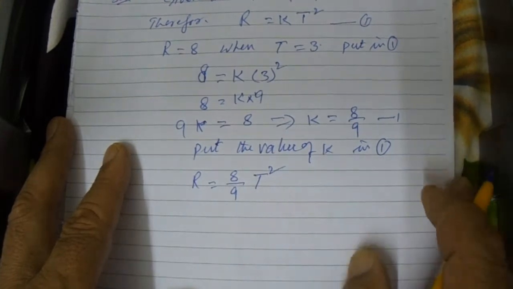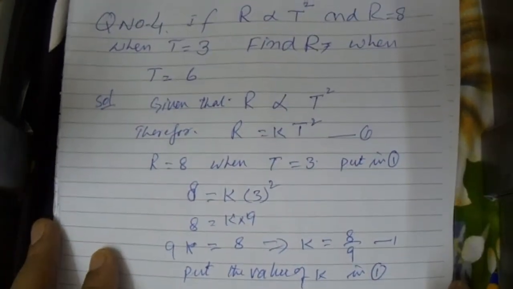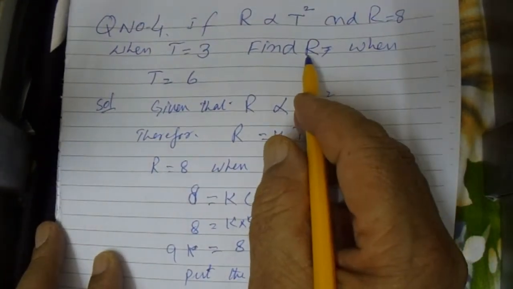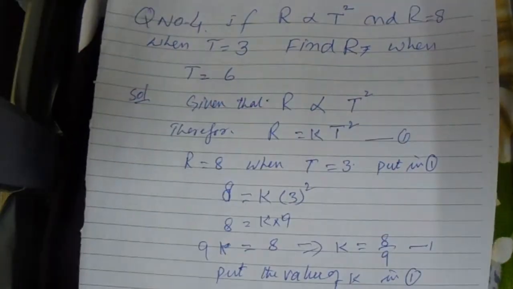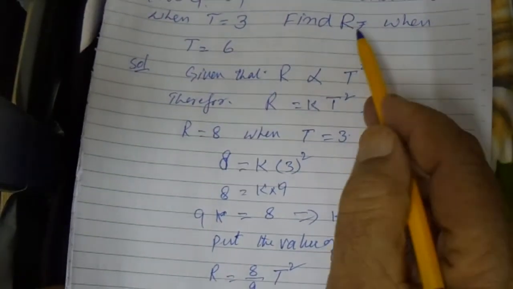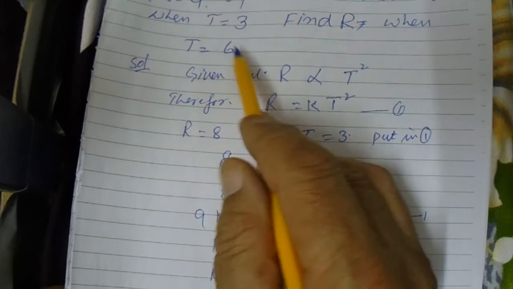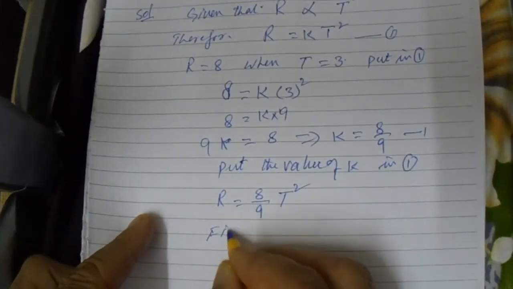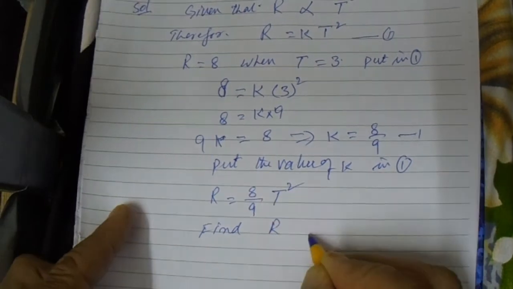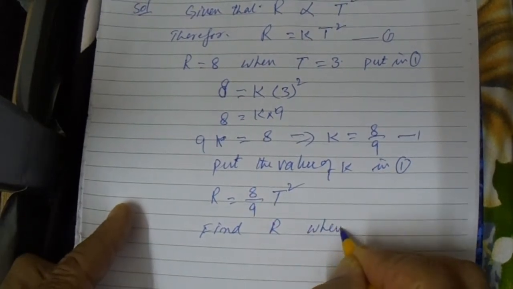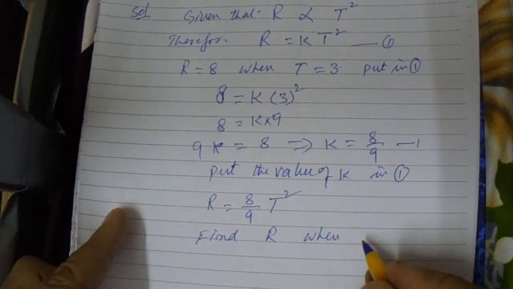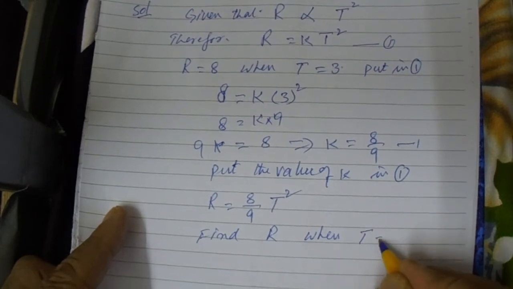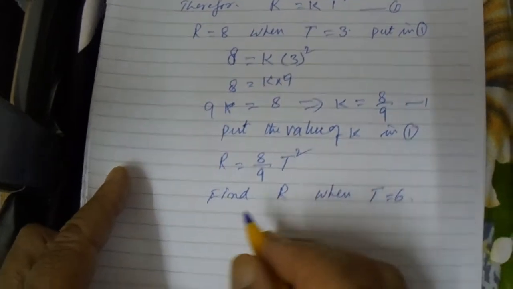Now we find R when t is equal to 6. Put the value here.